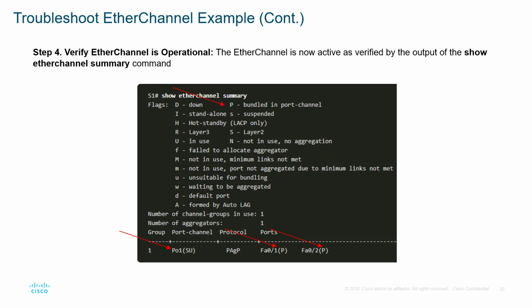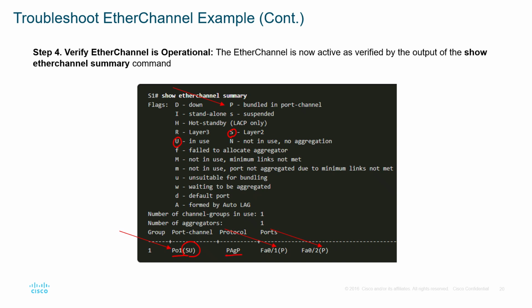So now when we verify, we can certainly see that our status down here has changed to SU, in use. I am still identified as port channel 1. It is in use, and it is a Layer 2 switch. I look into both of my ports, and I am in P mode now.